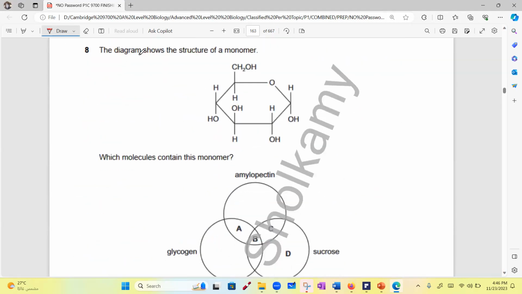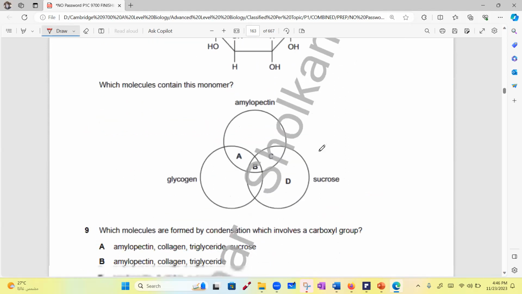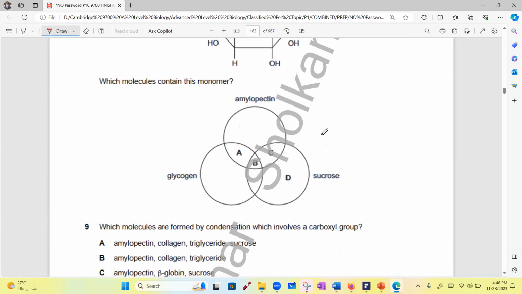Now here I have a diagram that shows the structure of a monomer. Before I proceed, what is this monomer, Yassine? Look at carbon number 1. An alpha glucose. Good boy. Yes, it's an alpha glucose. Which molecule contains this monomer? Amylopectin. Does it contain alpha glucose?